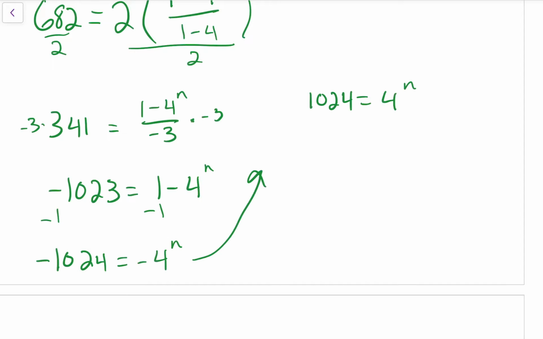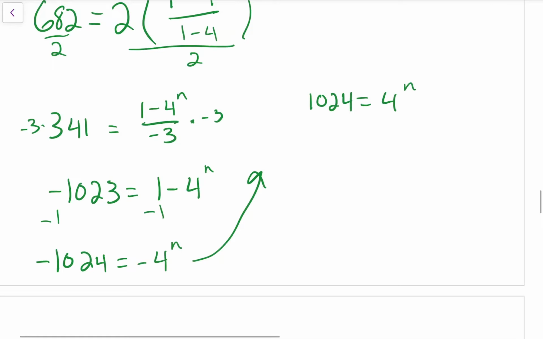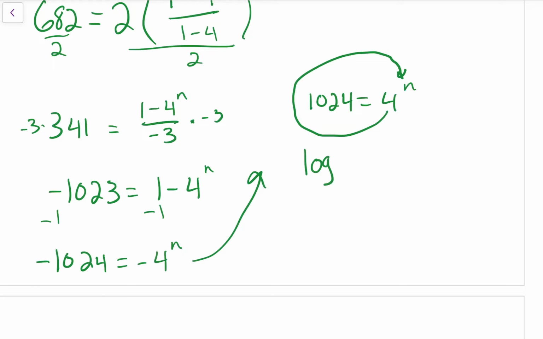We have an exponential equation, if you have not noticed. So remember, the inverse of exponential is our logarithm, so we're going to rewrite. So log base 4 of 1024 is equal to n, which again, you'll have a calculator, or 4 to what power is 1024, which is 5.